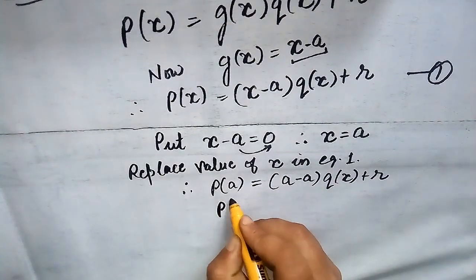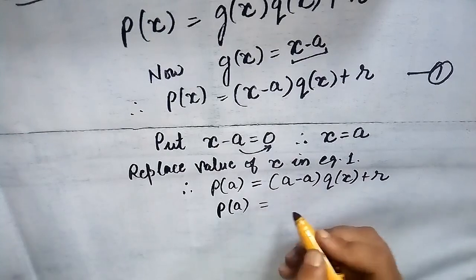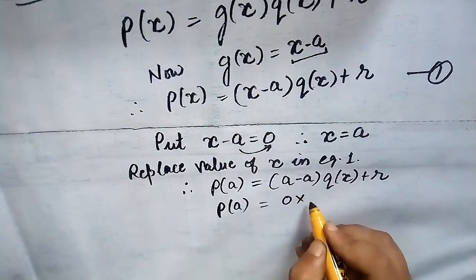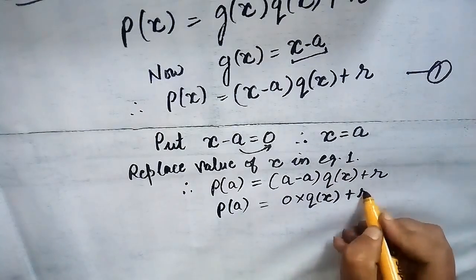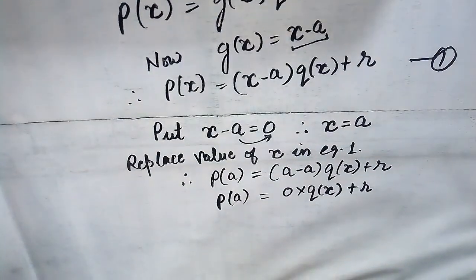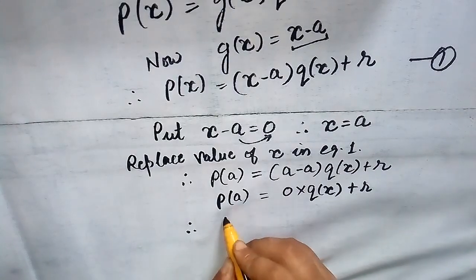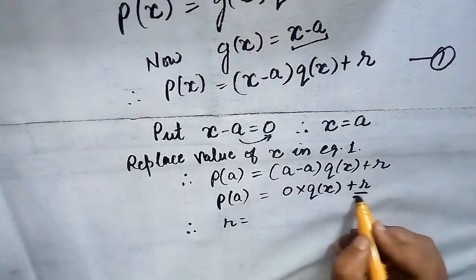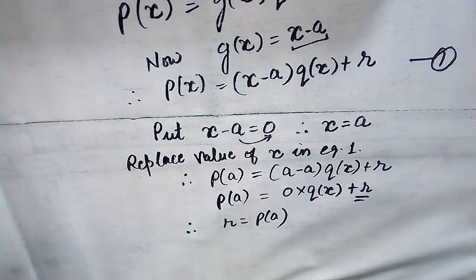Now p of a will be equal to, as you know, a minus a is equal to 0, whole into q(x) plus r. Now 0 into q(x) will become 0. So you can see that your remainder will be equal to p(a), which is the required solution.